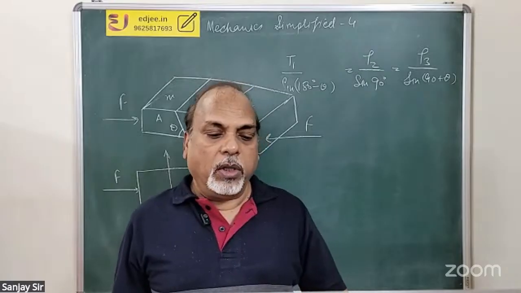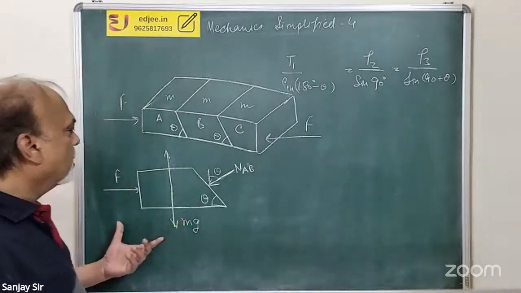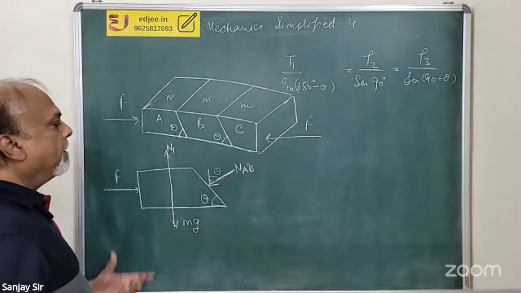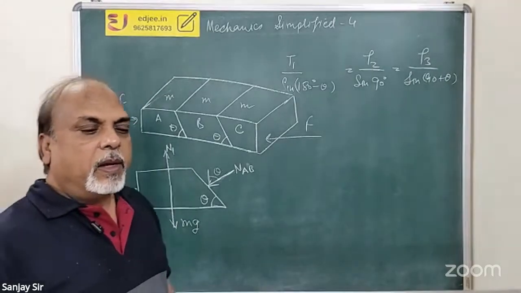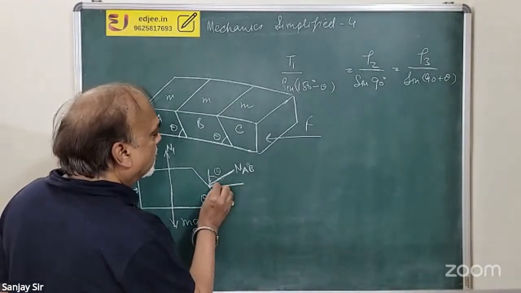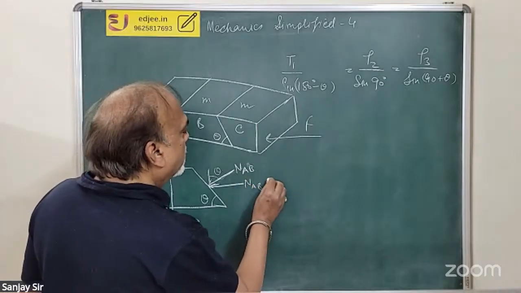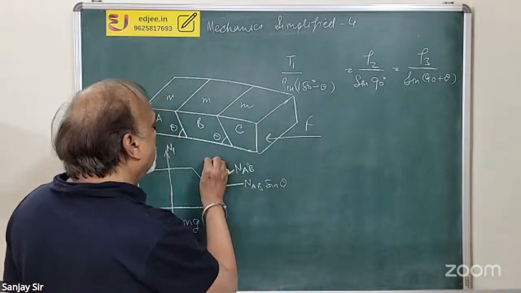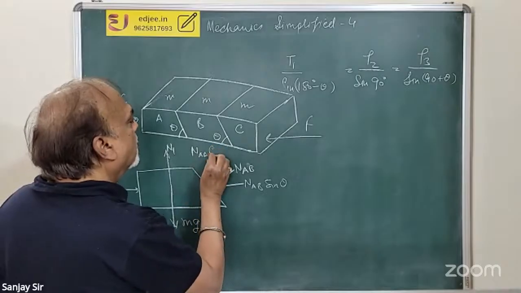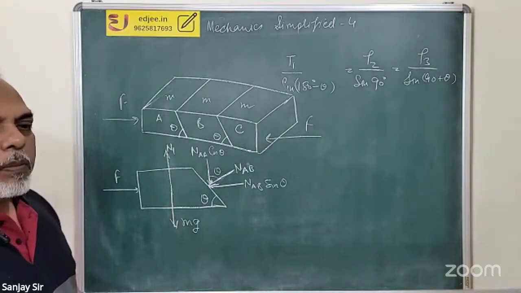Suppose this is alpha. Now we have to resolve these forces. This is your NAB sine theta, of course, and this is your NAB cos theta. Correct?